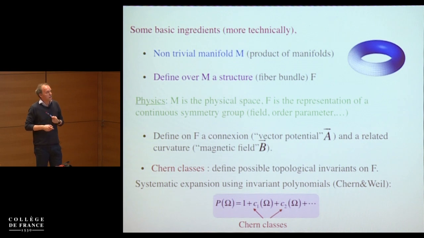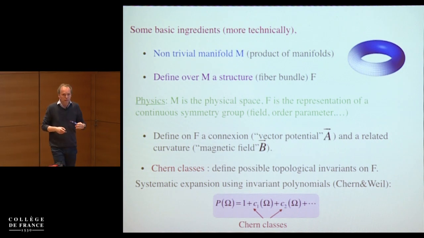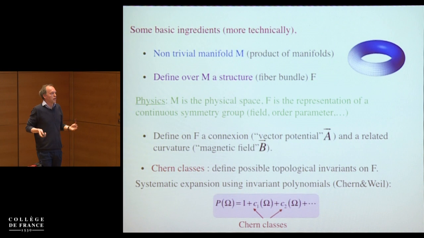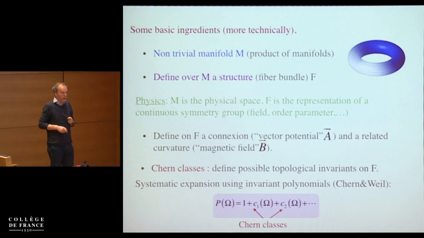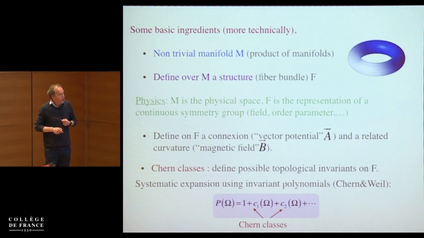And those Chern classes are obtained through systematic expansion using what are called invariant polynomials. This goes with the name of a very well-known theorem that is associated to Chern and Weil. And such a polynomial can be expanded that way. And what appears here systematically, there is a way to do it, are Chern classes.